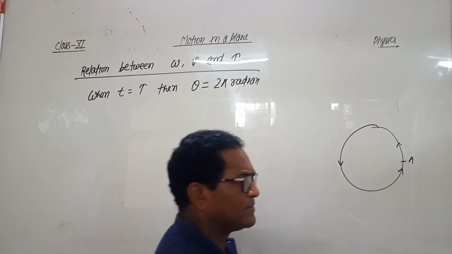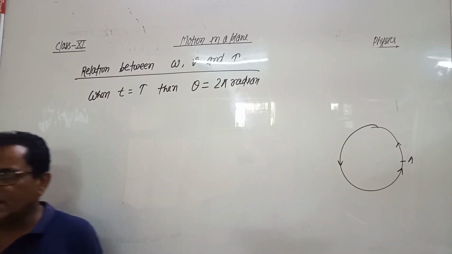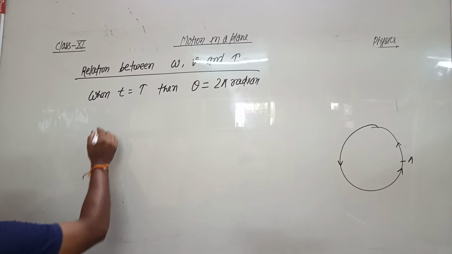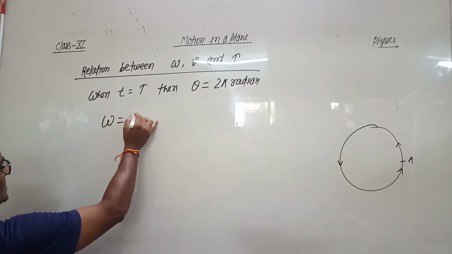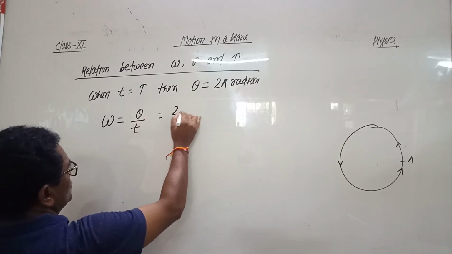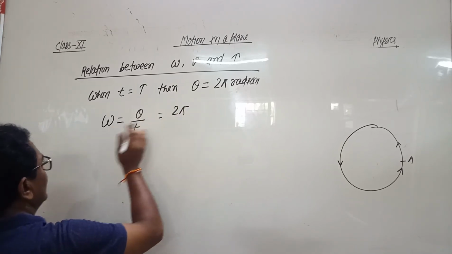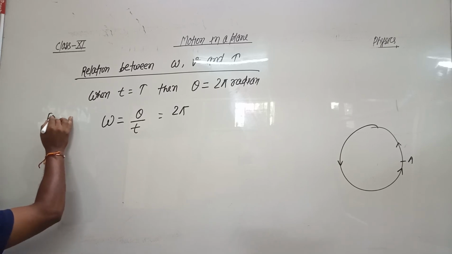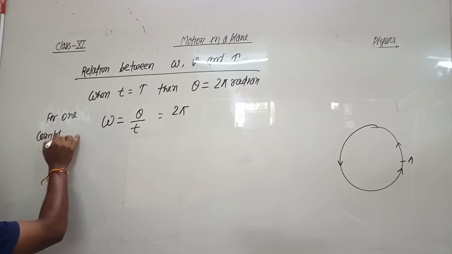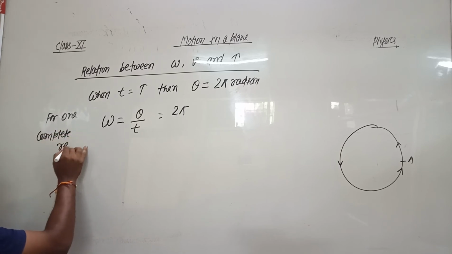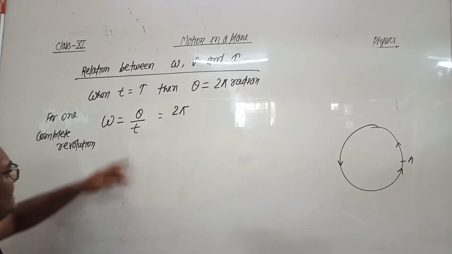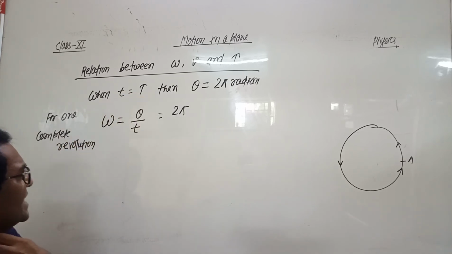So in one complete revolution, the angle made is 2 pi radian, and you know that omega, the angular velocity, equals theta by t. Theta becomes 2 pi for one complete revolution, where the time taken equals the time period.